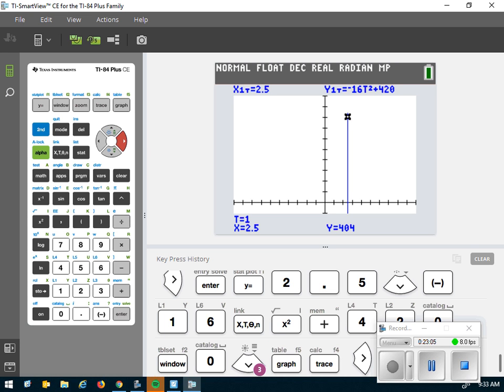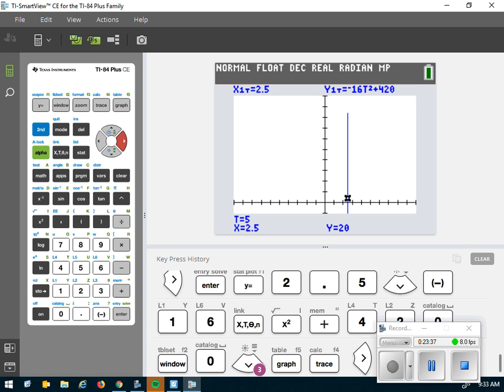At time 1, that rock is 404 feet above the ground. At time 2, it's 356 feet above the ground. And you can just keep going, and you can see that as t gets bigger, the rock falls more. That's because of the acceleration due to gravity. Gravity's pulling it toward the ground, and it's getting faster, so the rock is dropping faster.